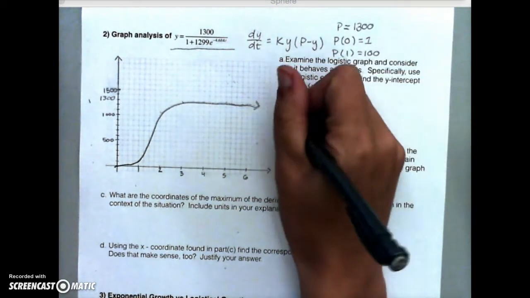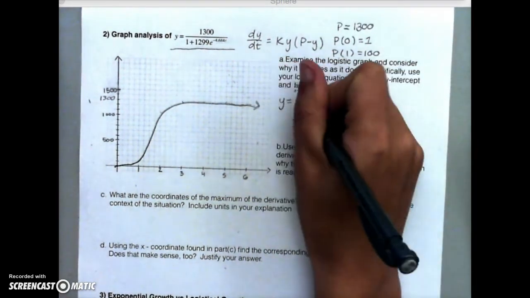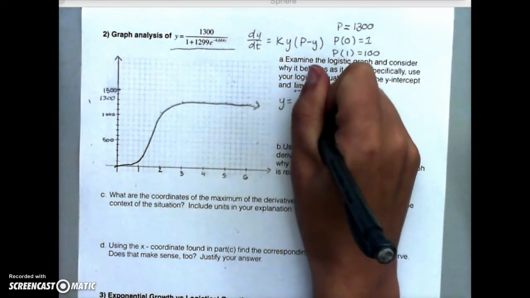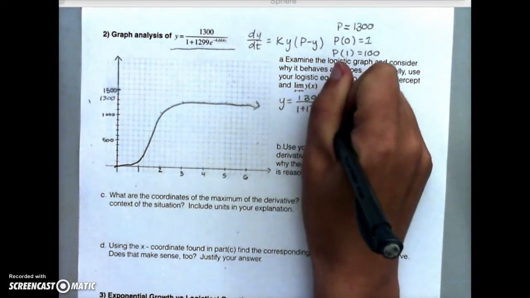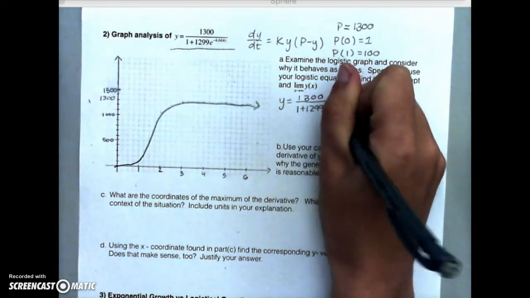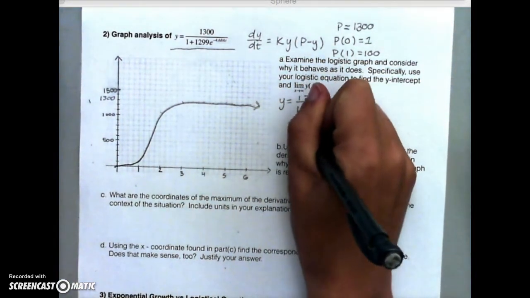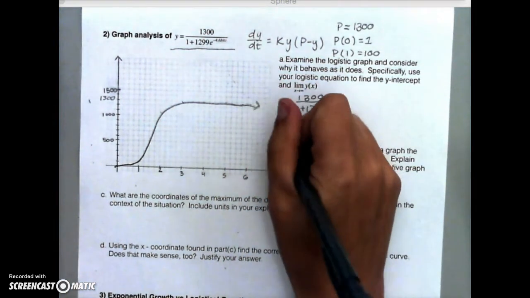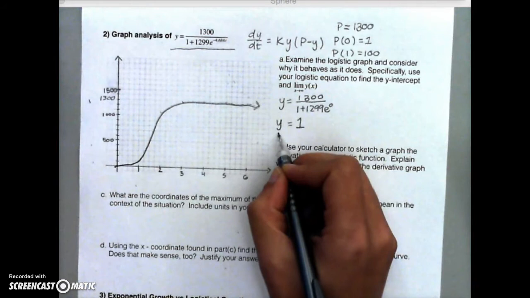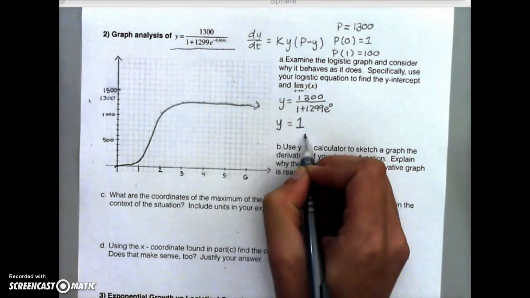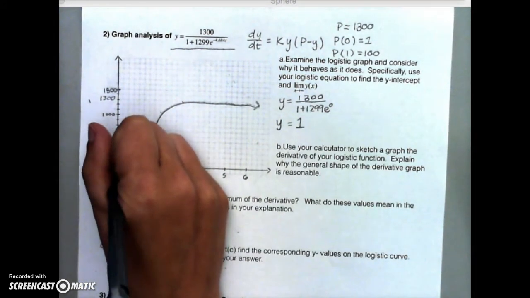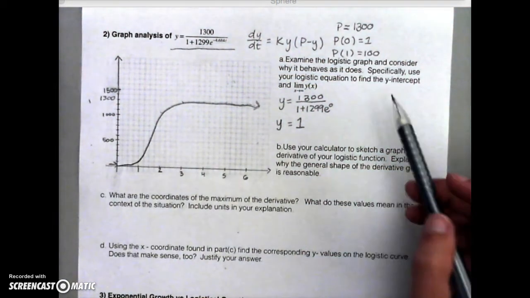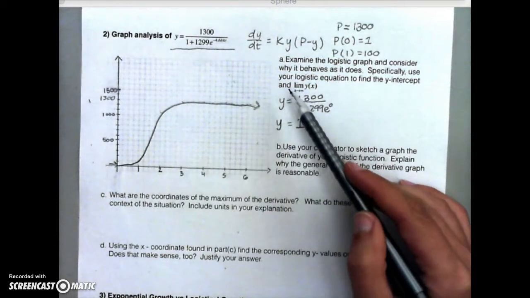To find the y-intercept, you plug in 0 for t, and our y-intercept ends up being 1. Our y-intercept represents how many people knew the rumor when it started. So this is right here at 1.